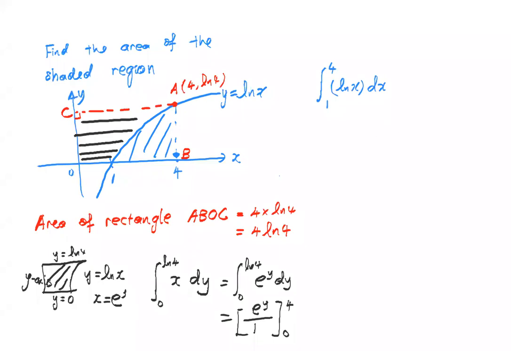Sorry, it's ln 4. So now you get e to the power ln 4 minus e to the power 0. e to the power ln 4 is 4, minus 1. So I get 3. So this one will be 4 ln 4, the area of the rectangle, minus the black area, that is 3. Done.